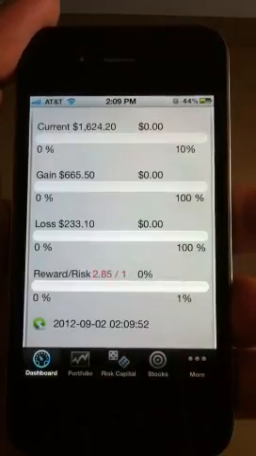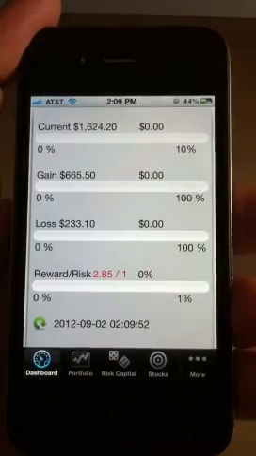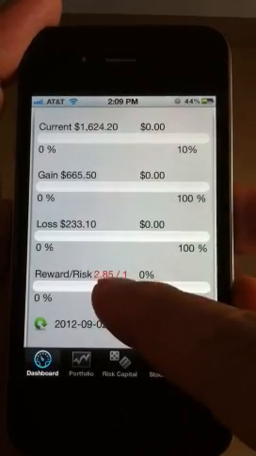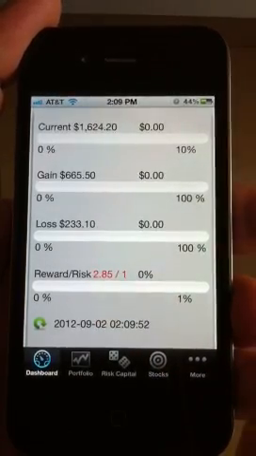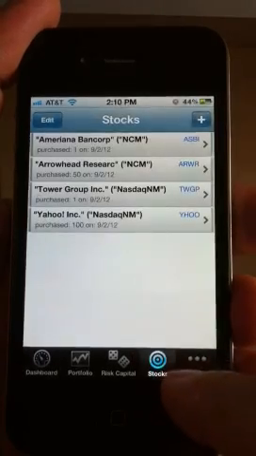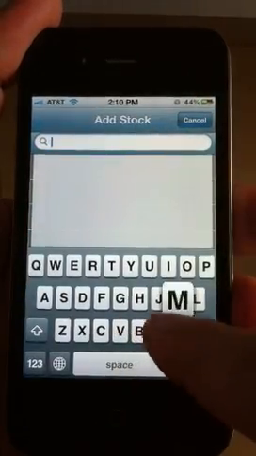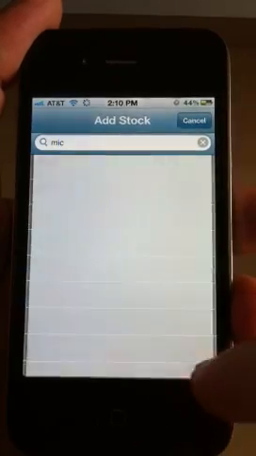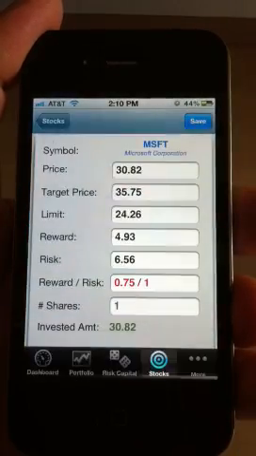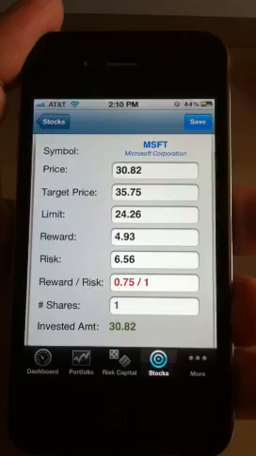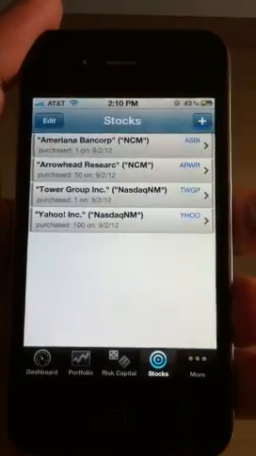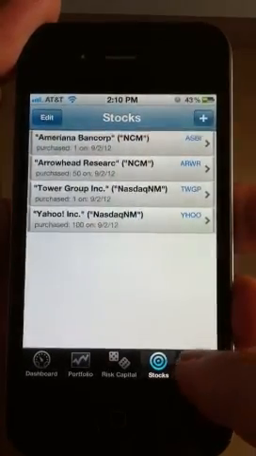If I go now to my portfolio, I'm already in the red because the reward to risk doesn't fit into my profile anymore. So for me it would be very difficult to find a stock. Let's say I go and I say Microsoft. Microsoft is in red. So as you can imagine, finding 9 to 1 will be very difficult.